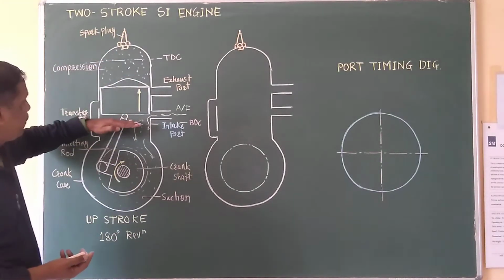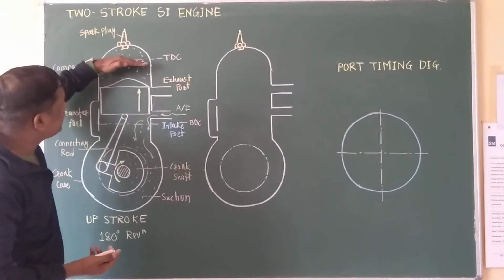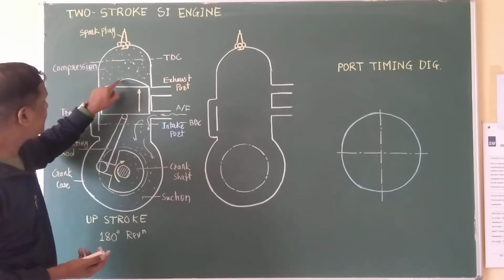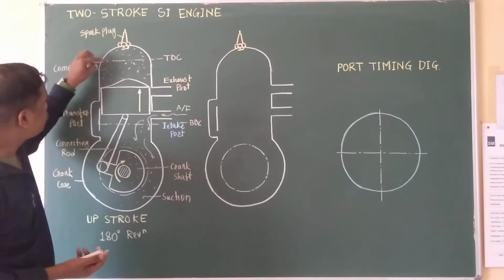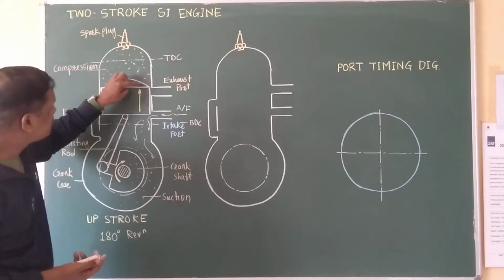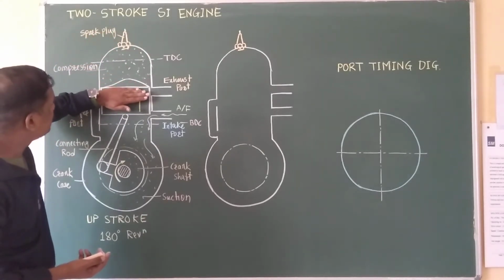The spark plug is idle, no spark is generated. So this is our upstroke. When the piston travels from BDC to TDC, on the bottom side there is a suction process, on the top side there is a compression process.